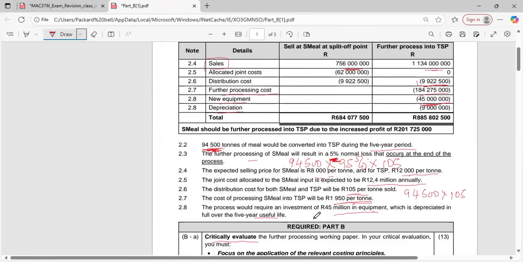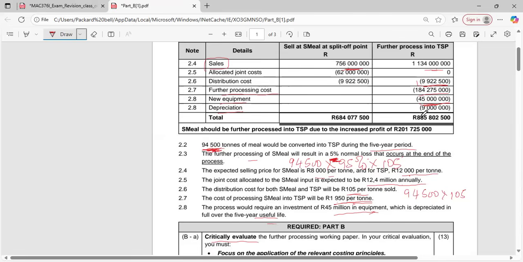The process would require an investment of 45 million in equipment, which is depreciated in full over the 5-year useful life. So which means we're going to say 45 million divided by 5. So it's going to be 9 million.